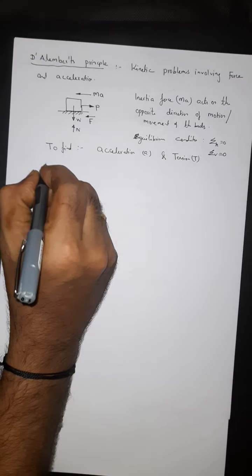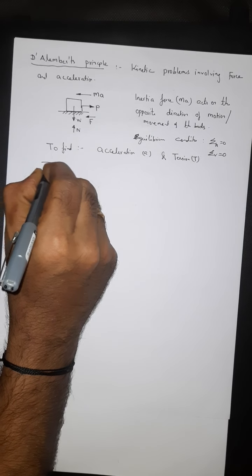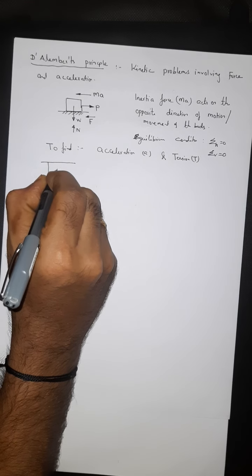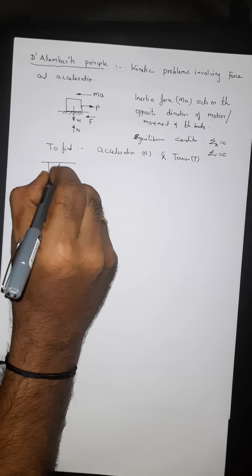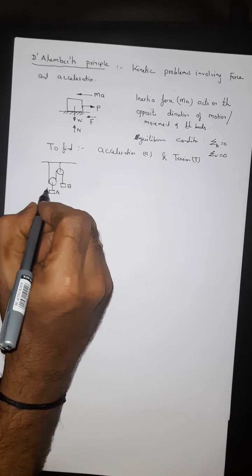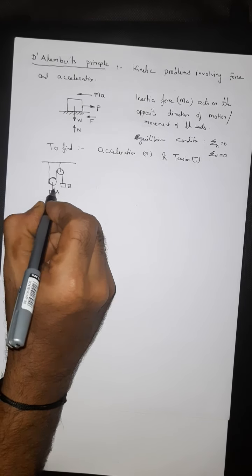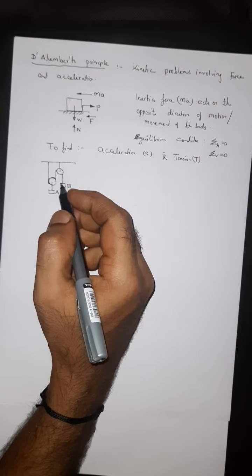Suppose a string problem is there. Assume a string problem with block A and block B. Here, look at A. As far as pulley A is concerned, it is supported by two strings.